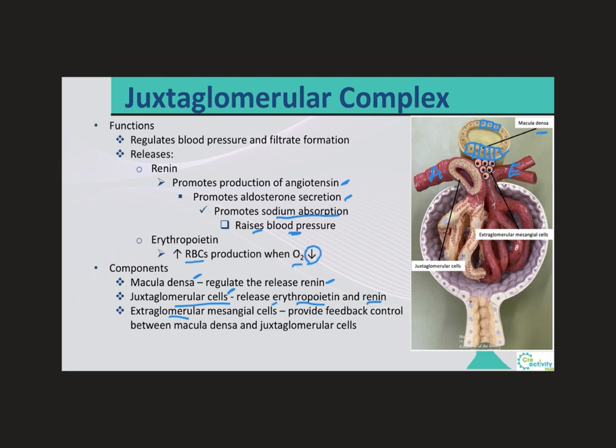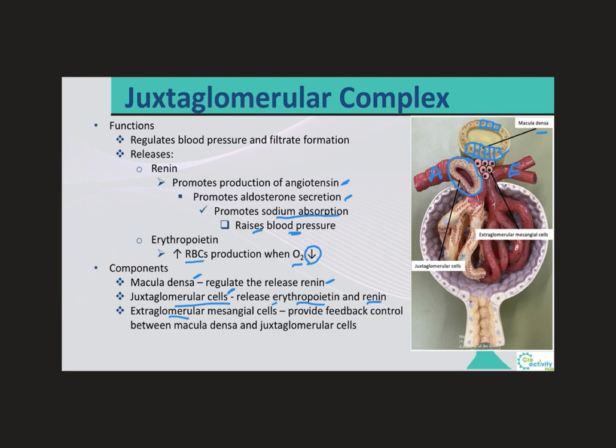So if you have low oxygen levels, then you have the secretion of erythropoietin that will increase the rate of production of red blood cells. And these juxtaglomerular cells are going to be located right over here on the afferent arterioles.